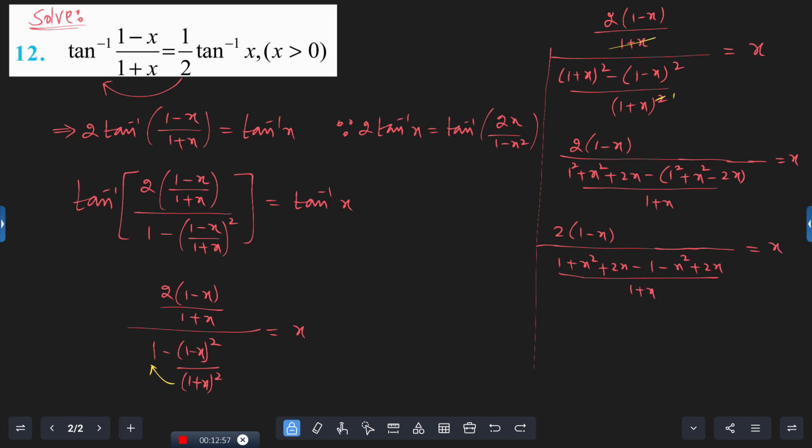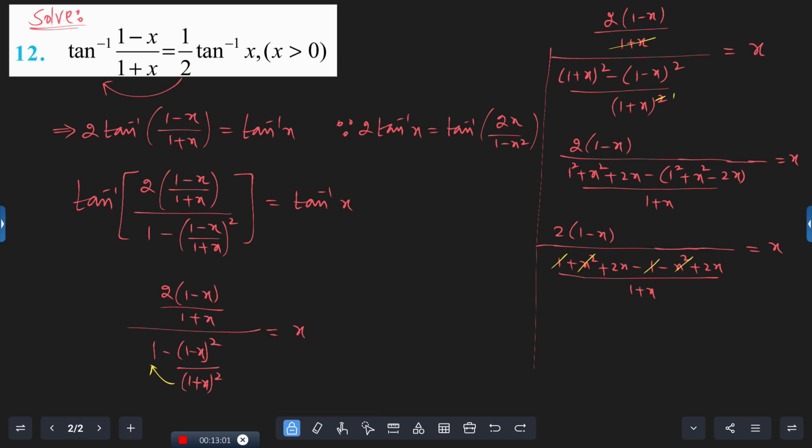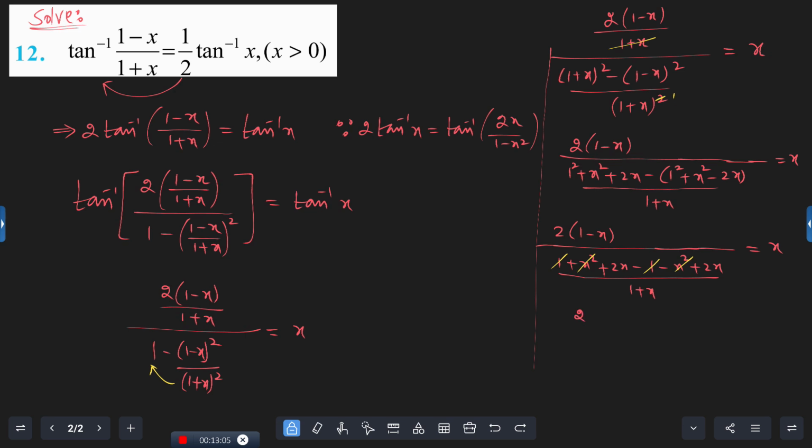Now plus x square minus x square will be cancelled, and minus 1 plus 1 will be cancelled. So 2x plus 2x is 4x. If you multiply the 2 inside, we get 2 minus 2x divided by 4x, divided by 1 plus x, equal to x. This whole thing you send opposite.